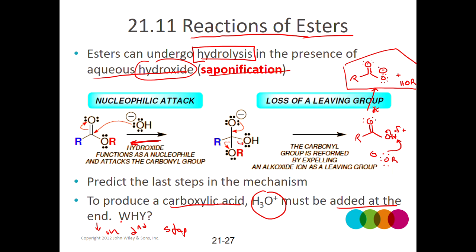After you allow this whole thing to react forward and for this species to accumulate in solution, when you believe that has occurred fully, then you would add H3O plus. This would be forced to pick up a proton to give you the carboxylic acid and this alcohol.